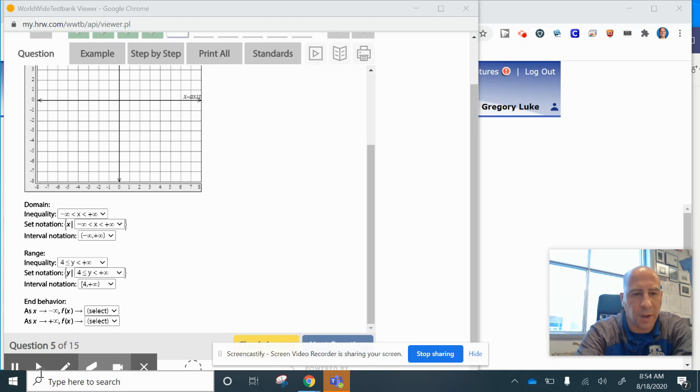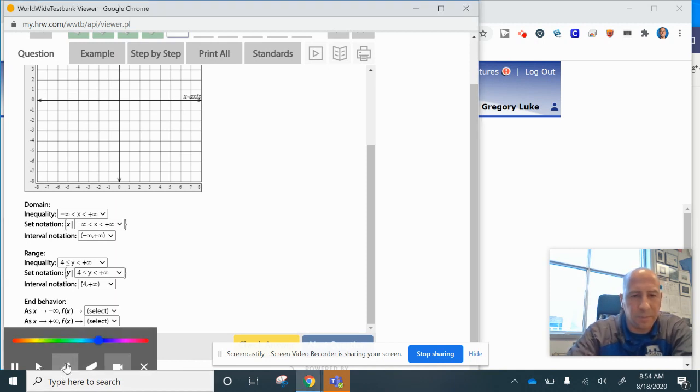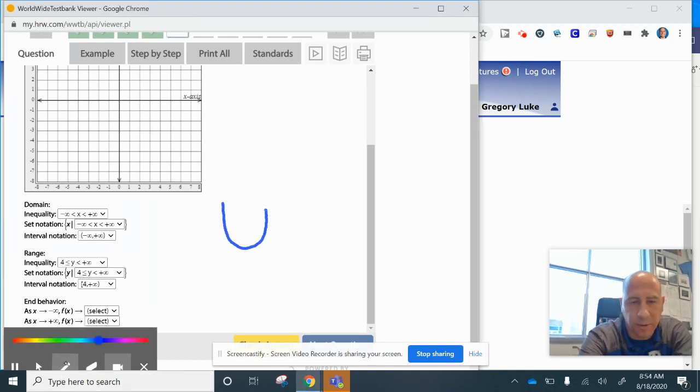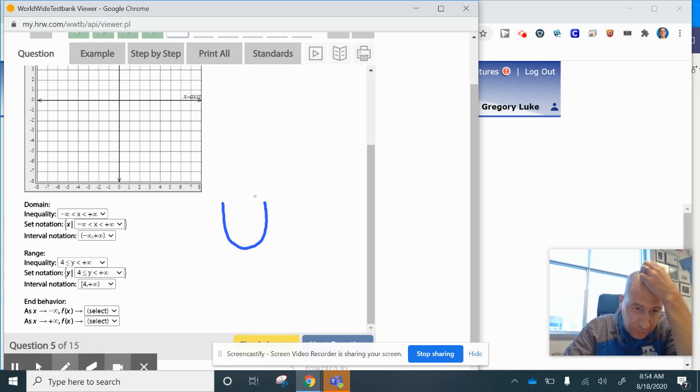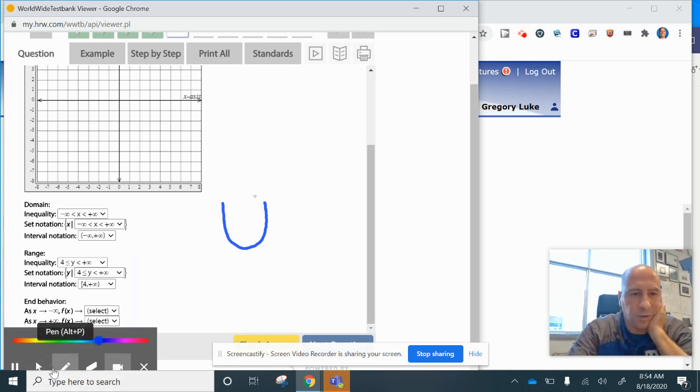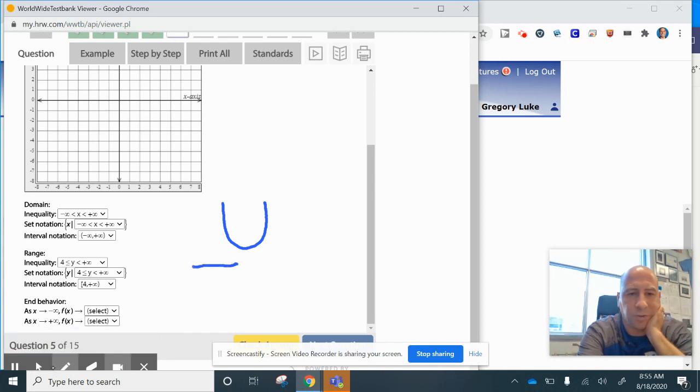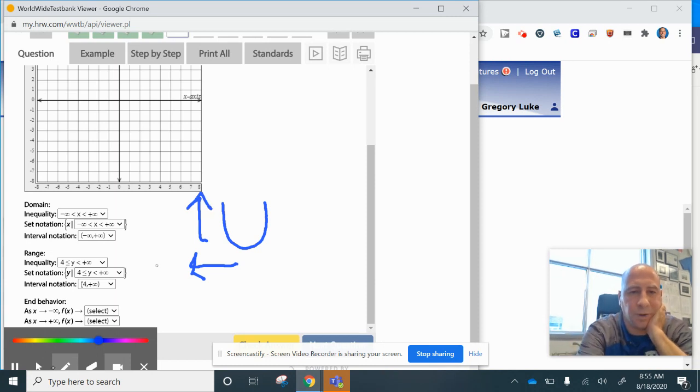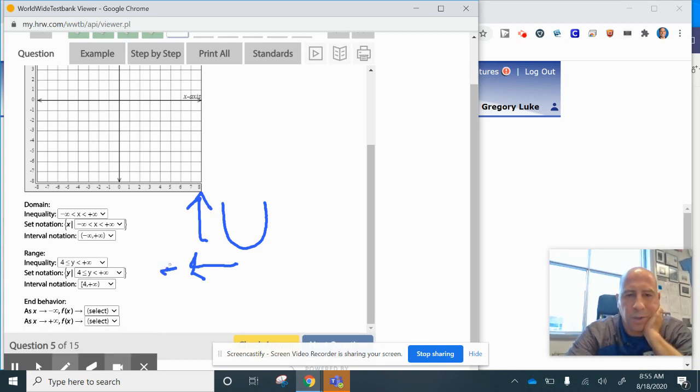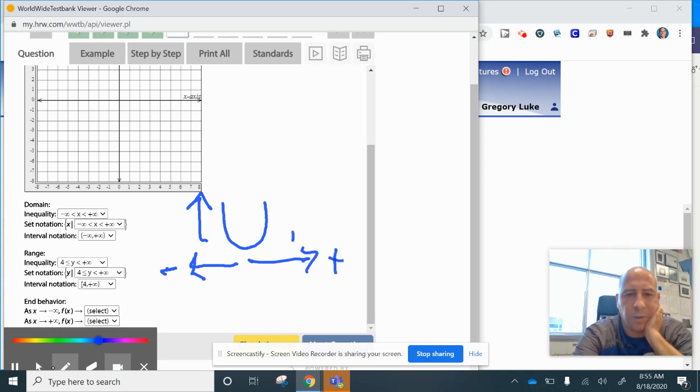Now, end behavior, okay? So basically, I'll just draw a sketch down here. Now, it says as x approaches negative infinity. So as it goes this direction, it's going up. That's your negative. And as it's going this direction, positive is going up.